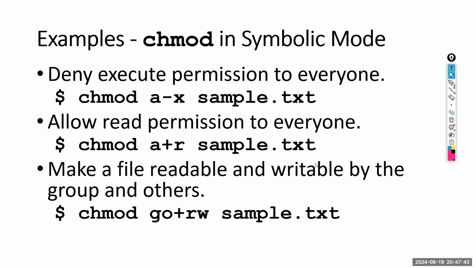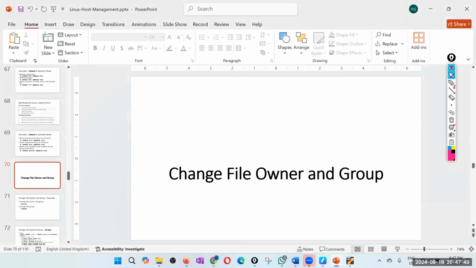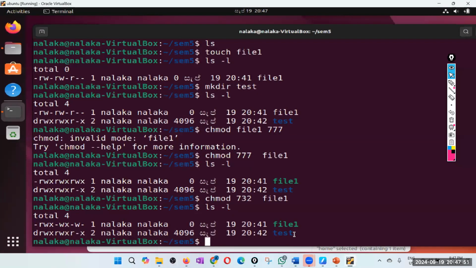So let's do an example. Sometimes if you don't understand these things, you really mess up. Okay, right. So let's say chmod. Say I want to remove write power from others. This is user, group, others.